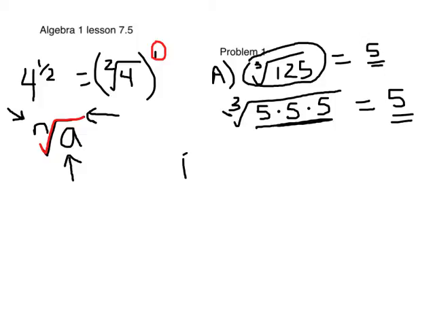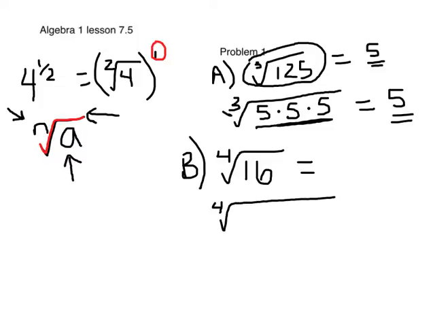Alright, problem 1B asks us for the fourth root of 16. So that's asking us what times itself 4 times is 16. It's not asking us what 16 divided by 4 is.